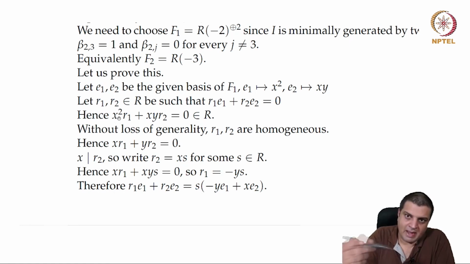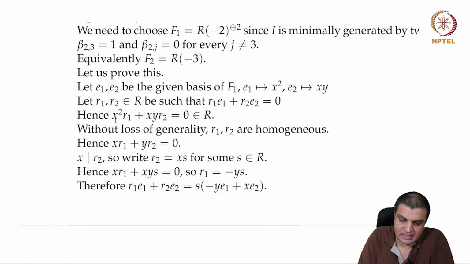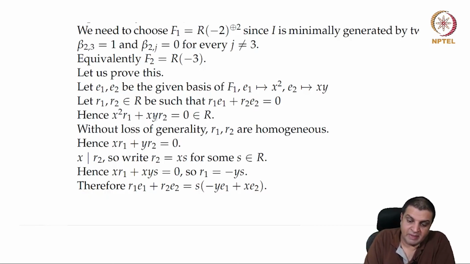Then we apply the map partial 1, and we get this relation. We can assume that they are homogeneous, but because this is a relation inside R, you can divide by x. So then you get x R1 plus y R2 is 0.